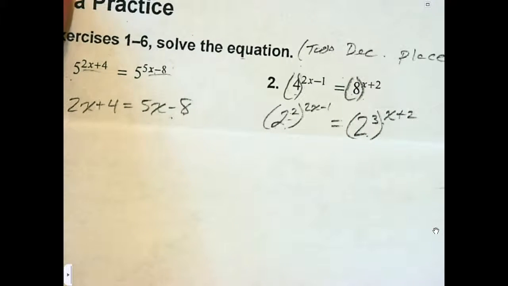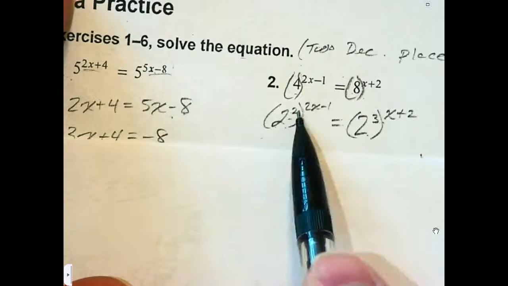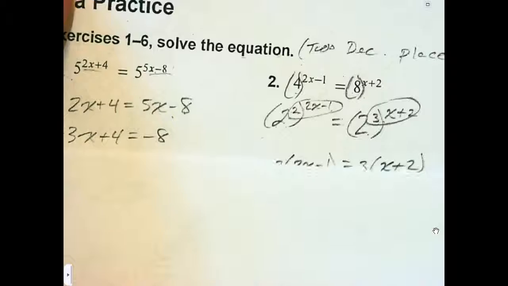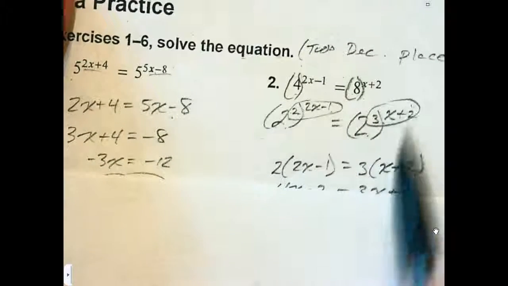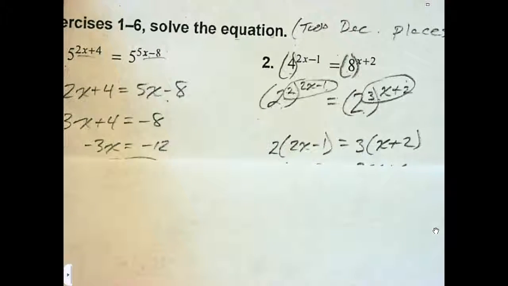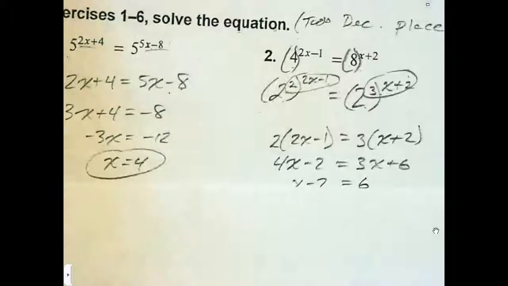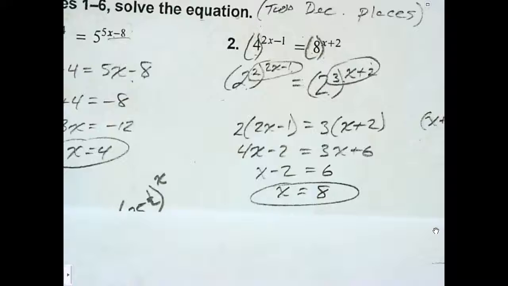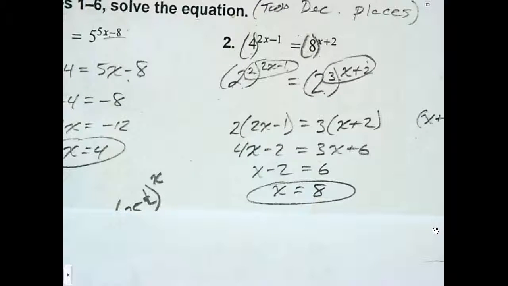And once you have the same base, then you're back to just comparing the powers. This equals that. Make sure you put parentheses around the outer part. And then solve. X equals 8. Fun stuff. Yeah. Any questions on that one?